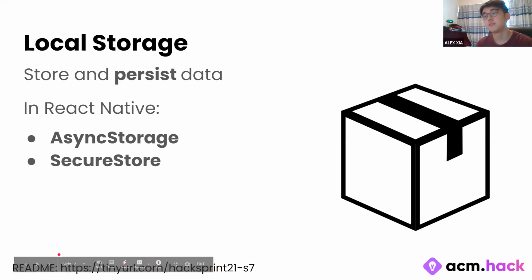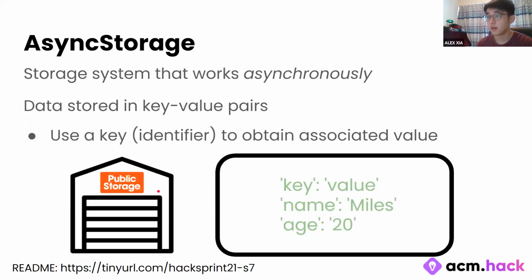And in React Native, the two main ways of doing local storage are async storage and secure storage. Async storage is a storage system that works asynchronously, obviously from its name, and you can draw an analogy to a public storage.